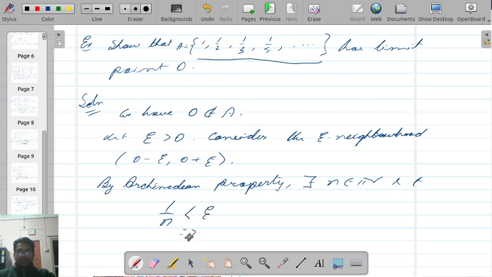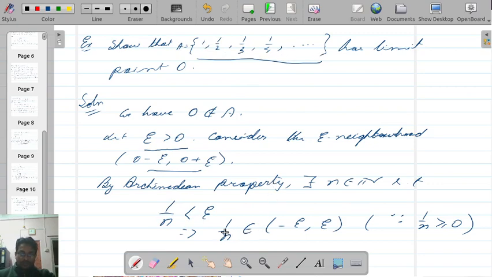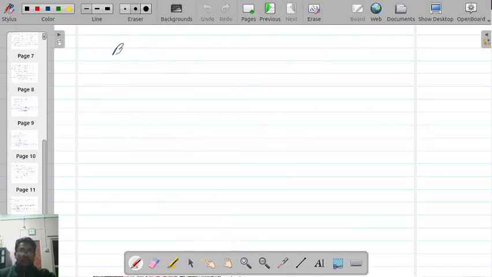Since 1 by n is also greater than or equal to 0, 1 by n lies between 0 and epsilon, so 1 by n belongs to minus epsilon to plus epsilon. That means whatever epsilon neighborhood you take, we will always find a point inside the set A. Now 1 by n is a point inside the set A because the set A contains all reciprocals of natural numbers. So 1 by n is an element of capital A.